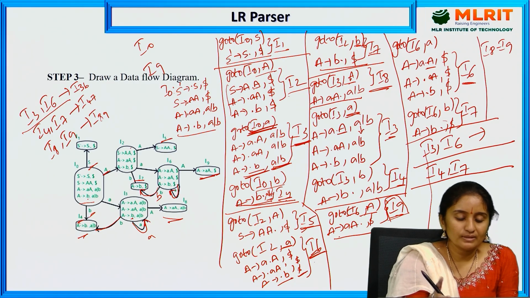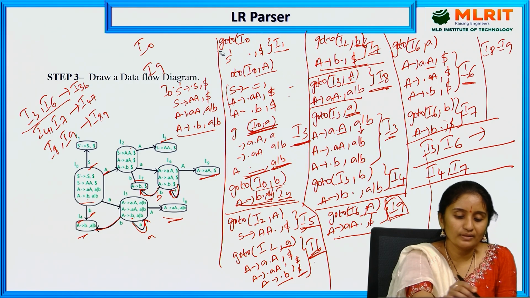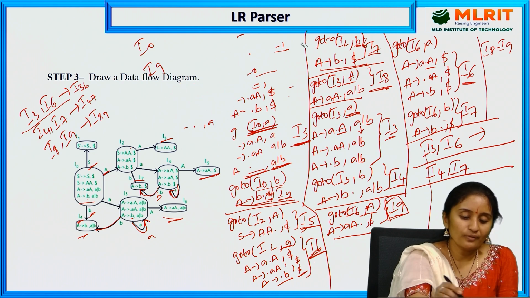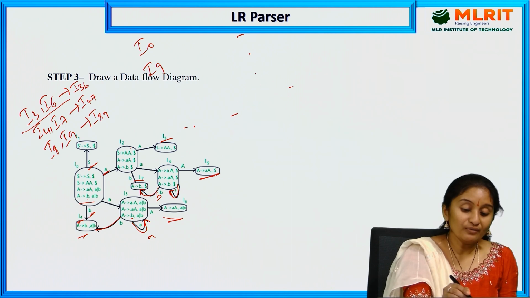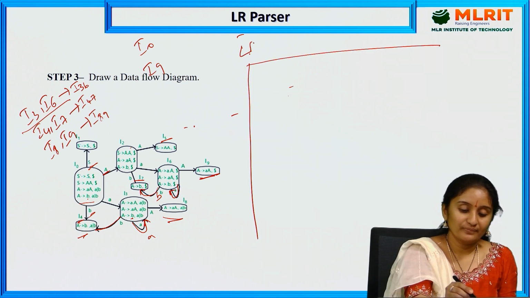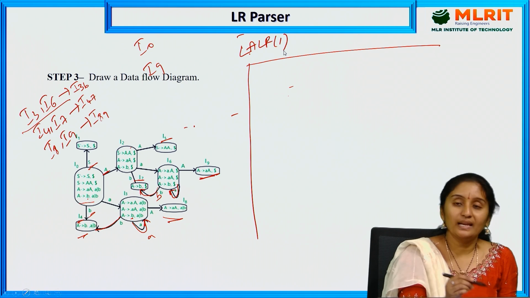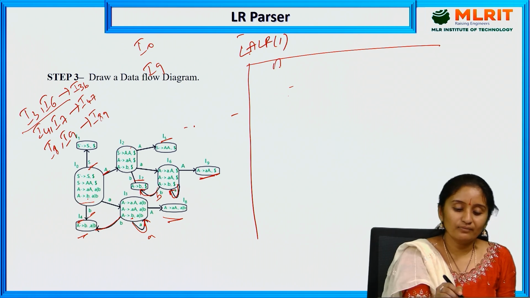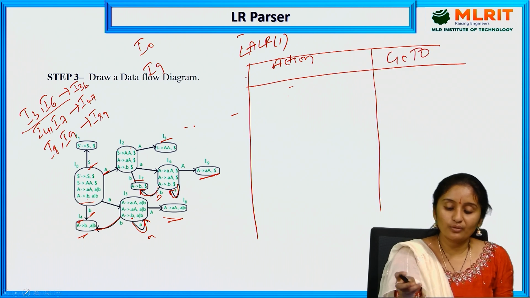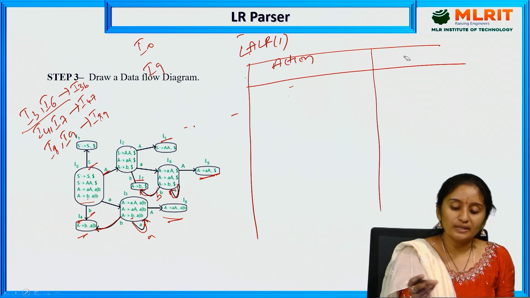Once again, we will see what the diagram for that is. Let me erase. By using this data flow diagram, we will plot how to find the look ahead symbols. Here we are going to have the LALR(1) table, with action and goto. In these, we have terminals and non-terminals.